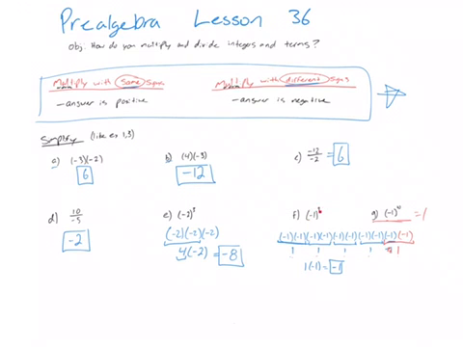So a short way to think about this is, if I have a negative number being raised to an odd exponent, say that 9 is odd, my answer is going to come out to be negative, like I did right here. If I have a negative number being raised to an even exponent, it's going to come out to be positive.